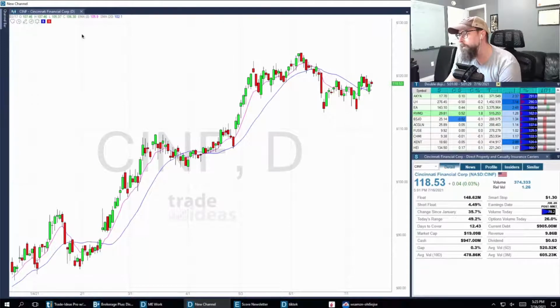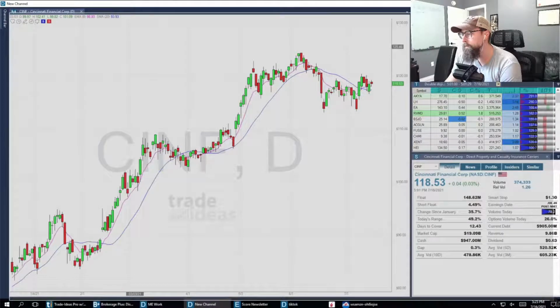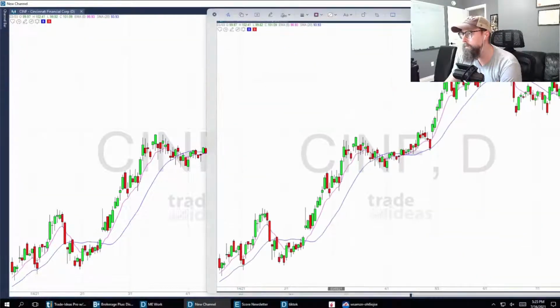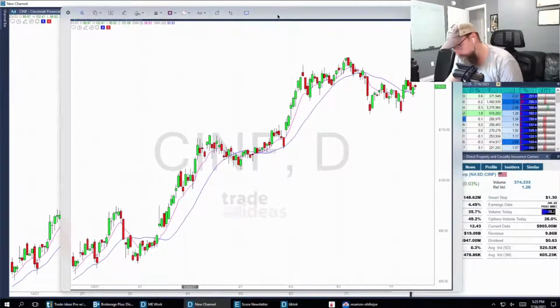So CNF, this actually looks interesting right here. And I like this, this is something I want to try. People within Stats Edge will probably know why, because it will just take me less time than doing them twice. So CF, I'm basically looking at this $120 area through here.